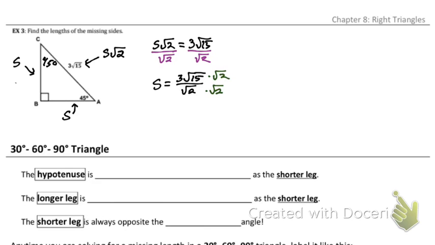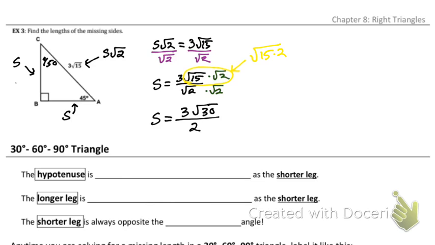Now just a little side note. A lot of times I'll do this in my head. See that square root of 15 times square root of 2? That's the same thing as square root of 15 times 2. You can put it all under one radical bar. So that's how I end up with S equaling 3 square root of 30 divided by 2.